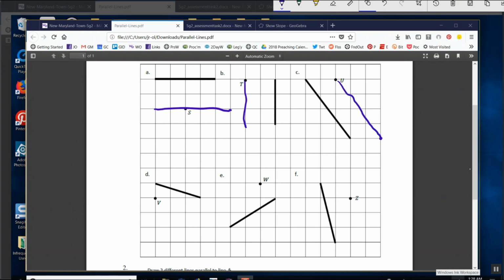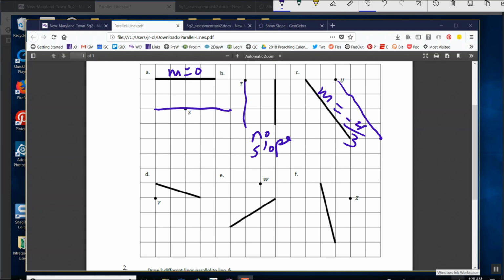Let's label the slopes here. Slope here is 0. This one has no slope, or an infinite slope. This slope here is negative 4/3. If we come to point D, this is down 1 and over 3.